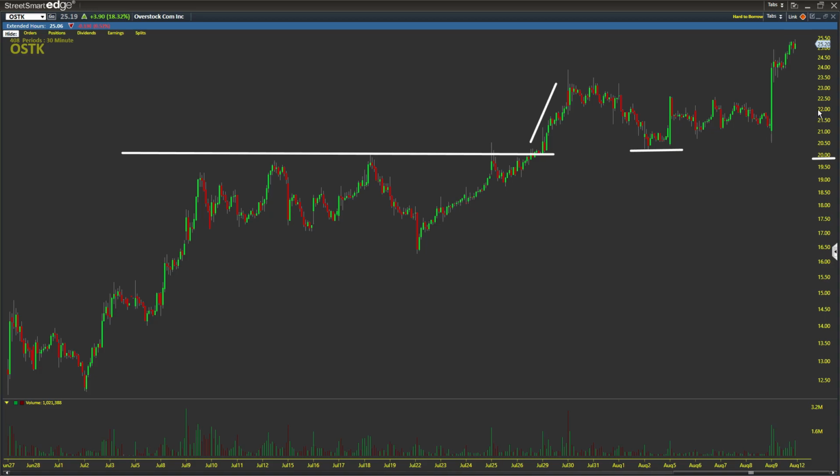And since that, this $22 level was acting as big resistance, as it just couldn't get over it. And you could also draw a big trend line connecting all the lower highs, just trending its way down, forming a descending wedge if you connect the dots like that.